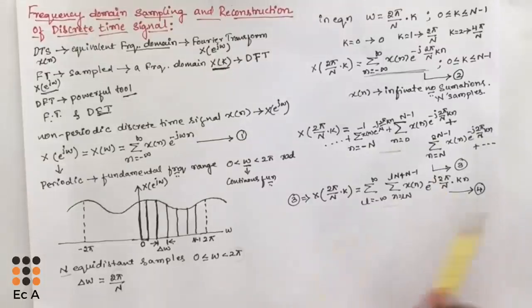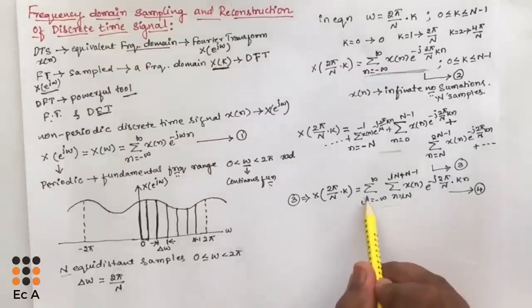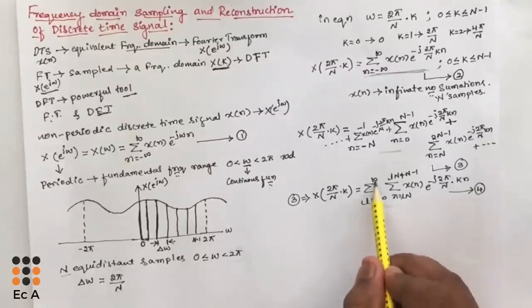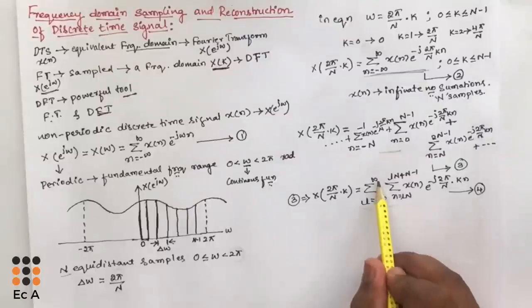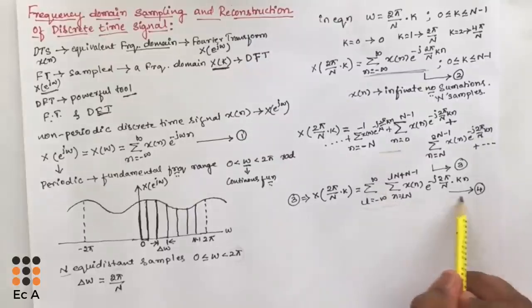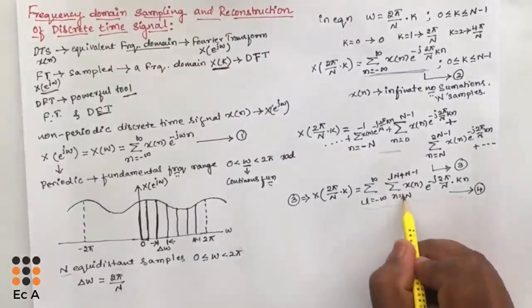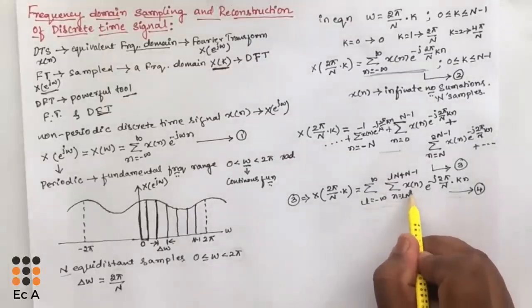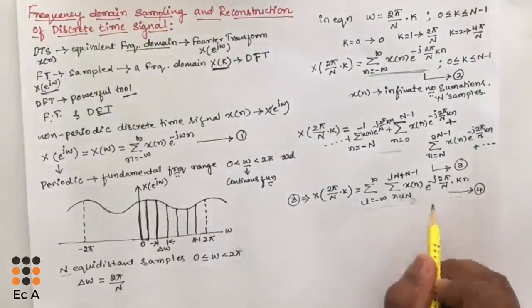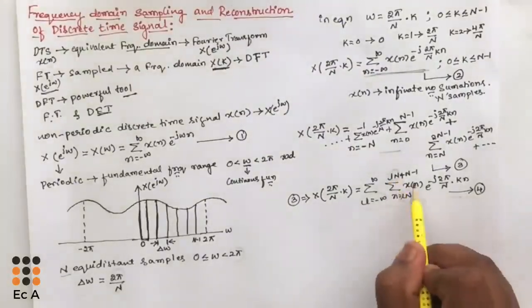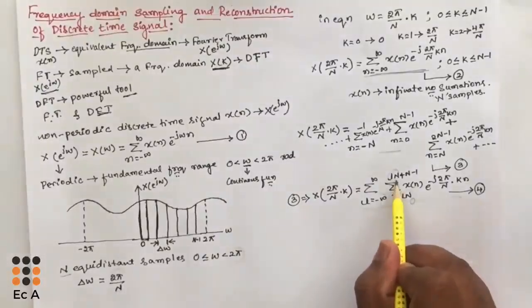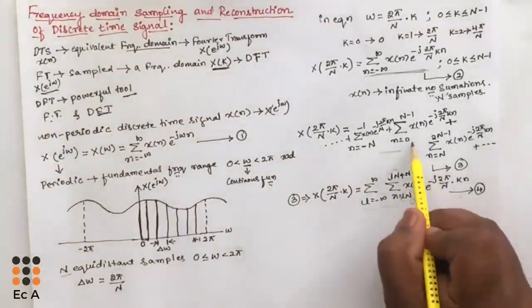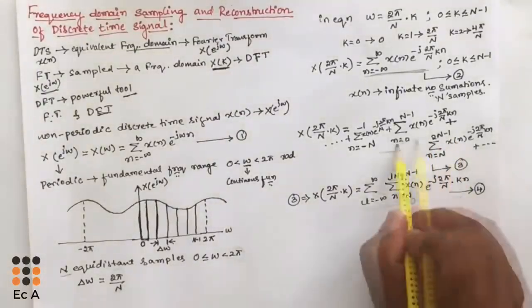Now in this equation, if you observe, L is ranging from minus infinity to infinity, which means L can take values from minus infinity to infinity. If you put L is equal to 0, in that case this term will become 0 and this term will become 0. So we will be left with n is equal to 0 to N minus 1. So we will get this term.